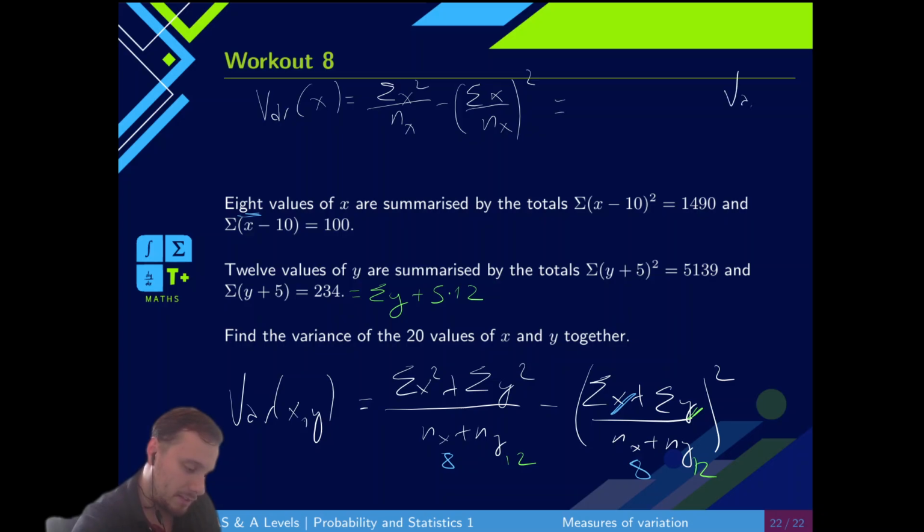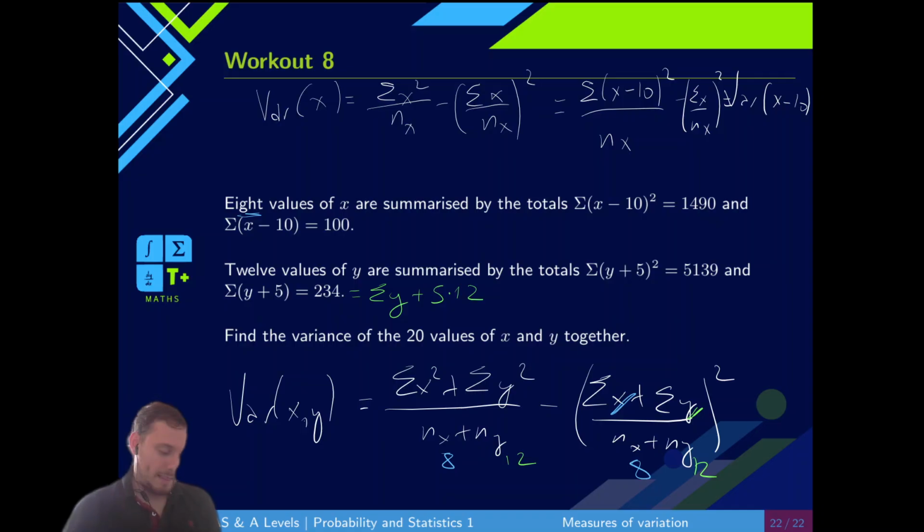The variance of x minus 10 is calculated as the sum of x minus 10 squared over n of x minus the sum of x minus 10 over n of x squared.